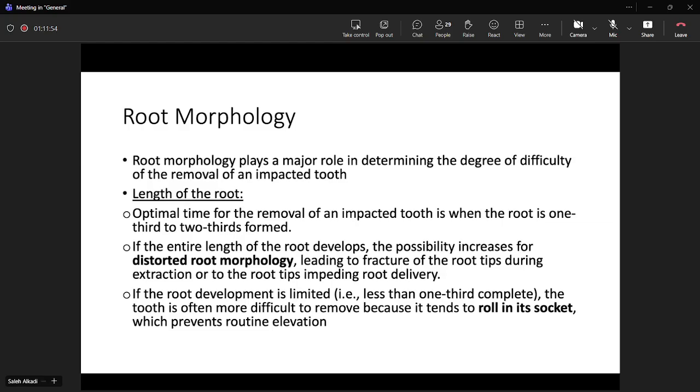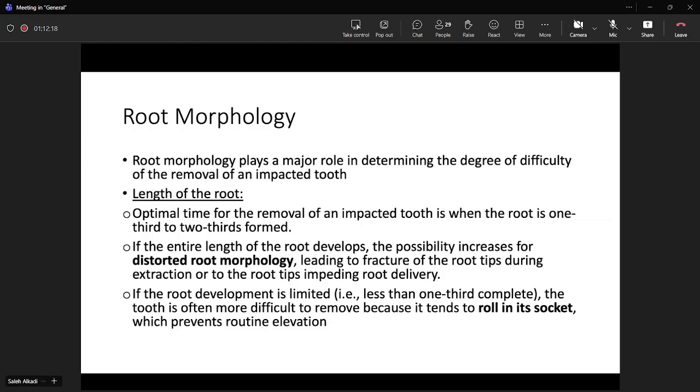We mentioned earlier that the optimal time to remove this impacted tooth is when the root is 1/3 to 2/3 formed. Because if the entire length of the root develops, there is an increased possibility of distorted root morphology. This may lead to fracture of the root tip during extraction, or this root tip may impede the root delivery.